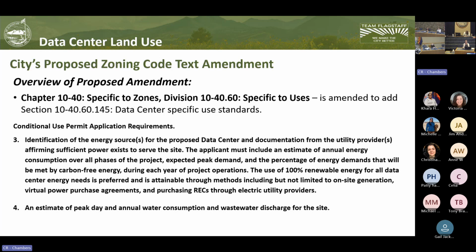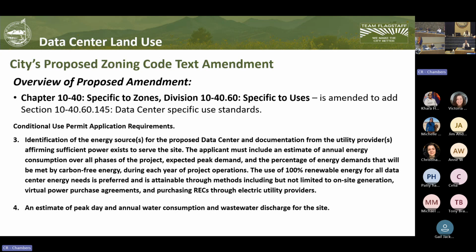The use of 100% renewable energy for all data center energy needs is preferred and is attainable through methods including but not limited to on-site generation, virtual power purchase agreements, and purchasing RECs through electric utility providers. If we could require it, we would.